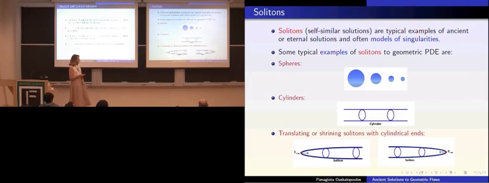Other very simple examples are cylinders, and this could be part of a singularity, or they are complete non-compact solutions that have cylindrical ends, not necessarily exactly cylindrical. It could be cylindrical in the geometric sense, so they could open like paraboloids or something like that. And this could be a translating soliton or steady soliton, so they translate and don't change shape, or they could be shrinking or expanding.